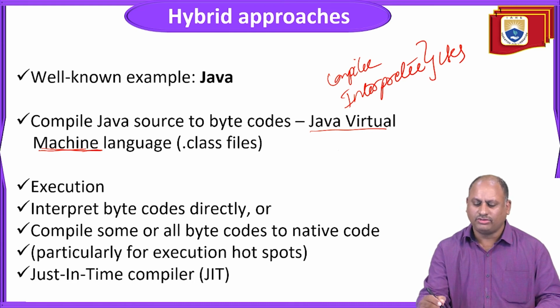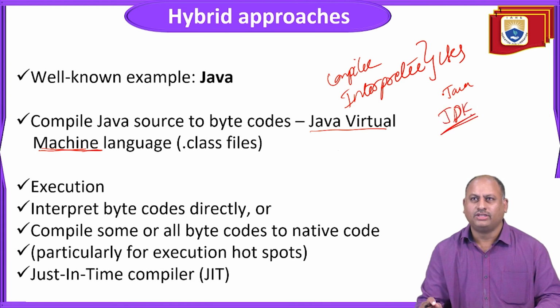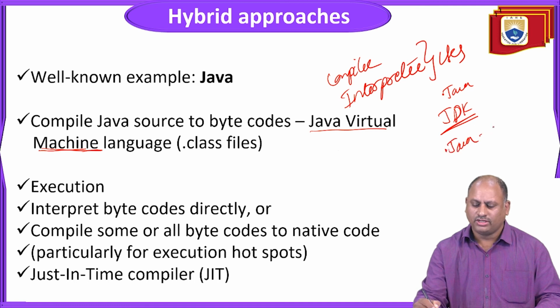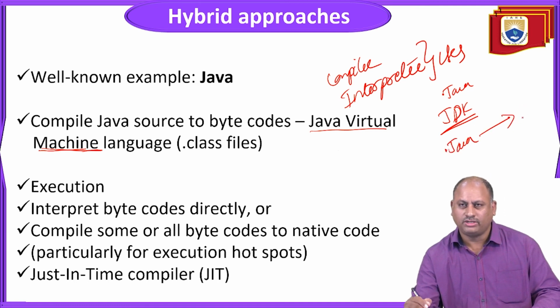In order to run our Java program, the software that is required is called the Java Development Kit, JDK. It contains the software where the Java virtual machine plays a major role. Whatever program is written by the user, the .java program, is converted into the corresponding object code.